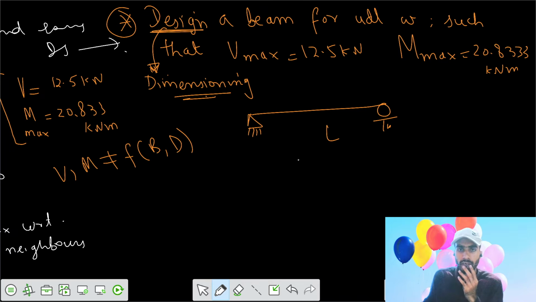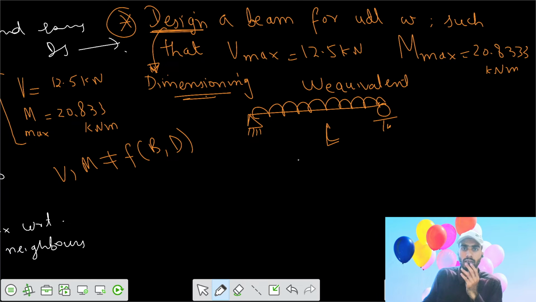So if we say that the length is L and there's only a UDL acting, we want to get the equivalent loading. Say that W is your equivalent intensity of the loading.